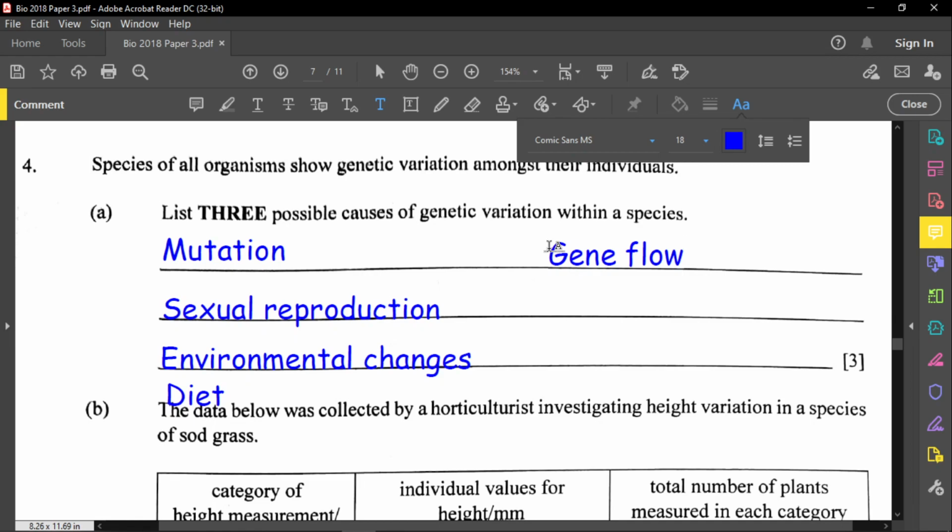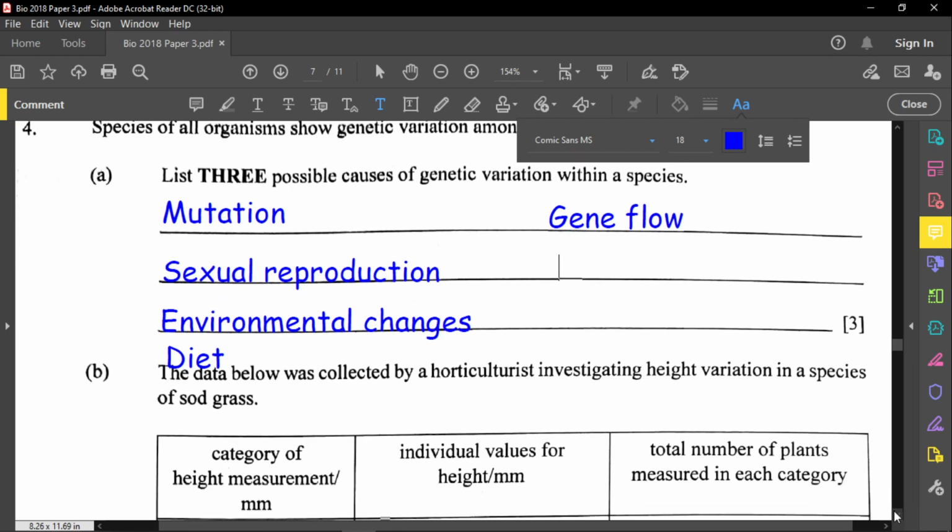This is the introduction of new alleles within a particular species. So that's about 5 of them, and those are the basic, general ones.